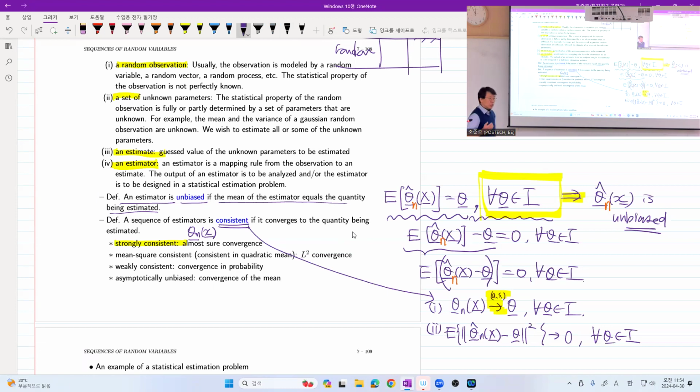And as you can easily guess, I can devise consistency in probability. Of course, you can do that. That is called weak consistency, as in the weak law of large numbers.